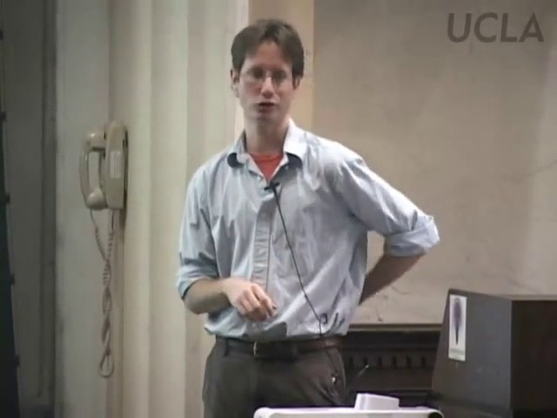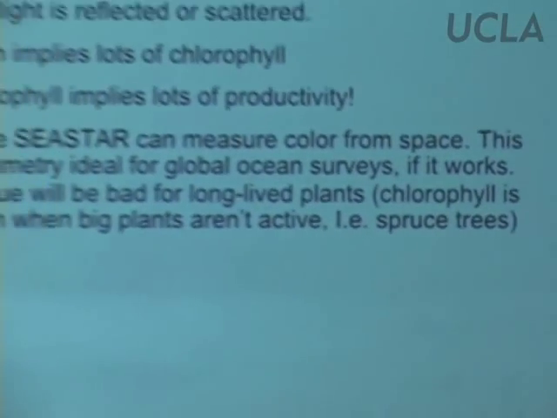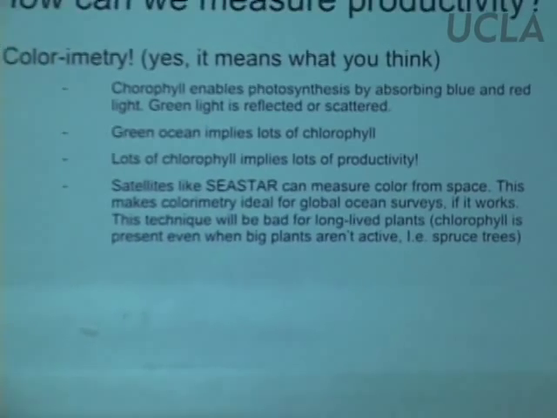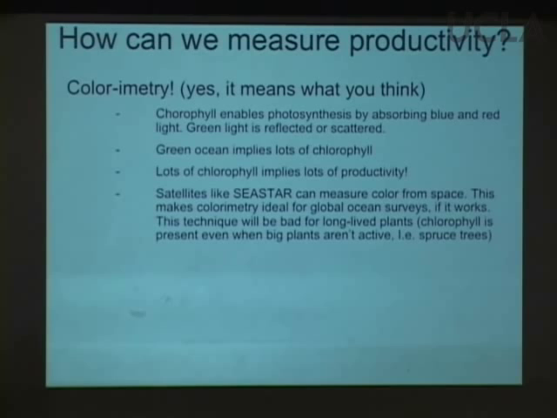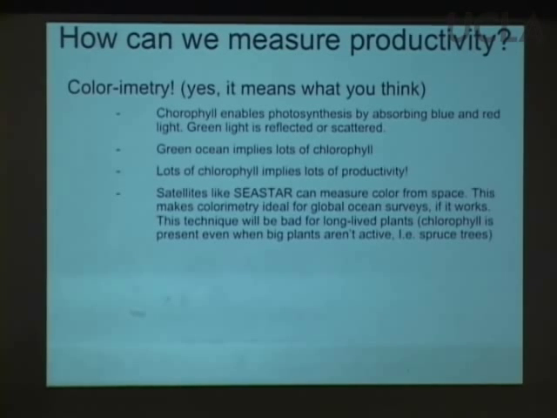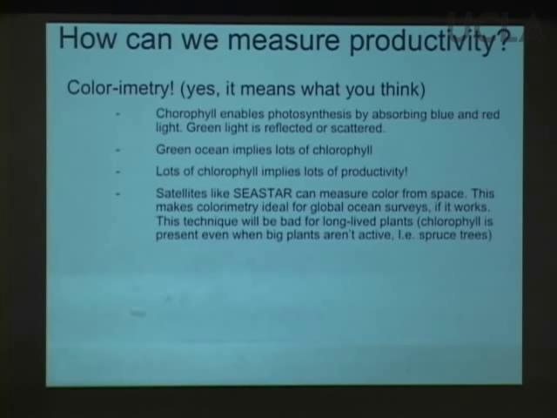So we want an indirect method. And so it turns out that the leading way of measuring productivity in the ocean globally and repeatedly as a function of time is actually using this property of the photosynthesizing chemicals themselves, that chlorophyll is a pigment. It has a characteristic color. It absorbs blue, it absorbs red, it leaves the green behind.